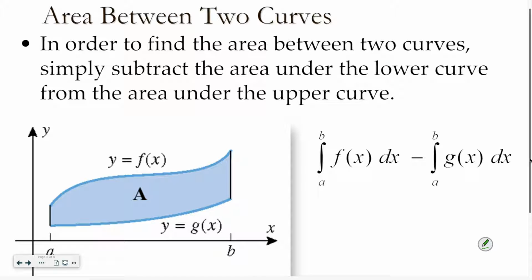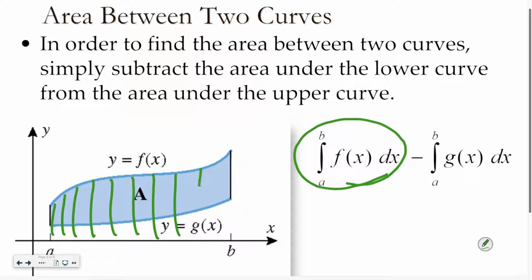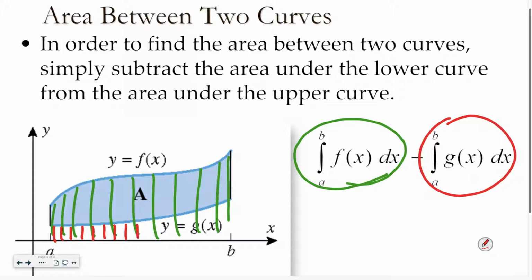In green, if I take the integral from a to b of f of x, we would be finding this area here. Do you agree? If we find the area from a to b of g of x, we would be finding this right here. So what happens when you subtract those two? You get the area between curves.